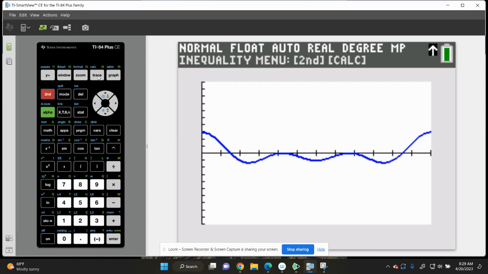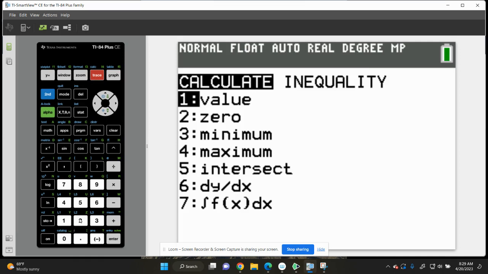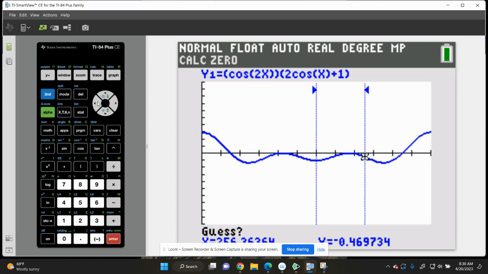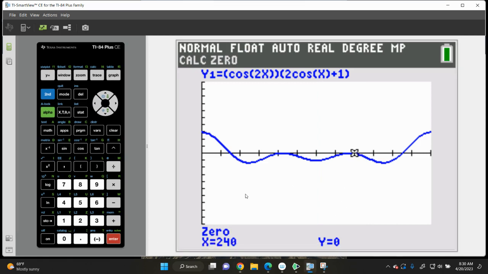Let me do a calculate 0. When you're looking to see where it crosses the x-axis, you're doing a calculate 0, right? Yep, comes out to 240. Just didn't look like it, but it does come out to it.